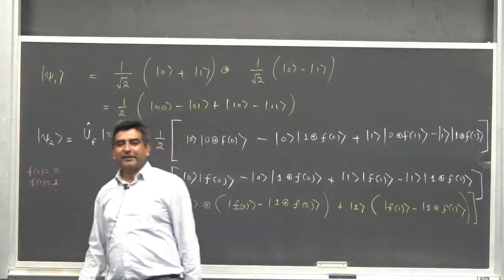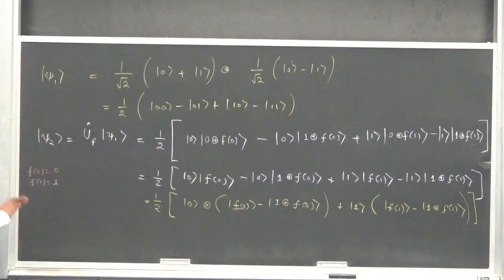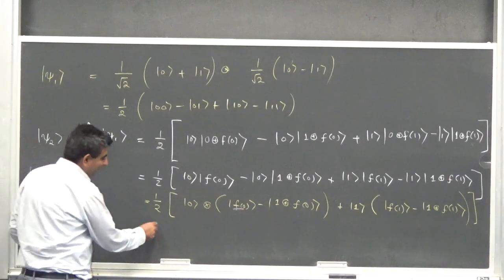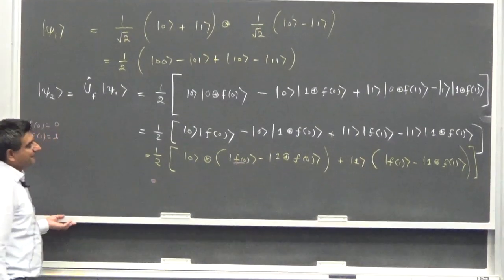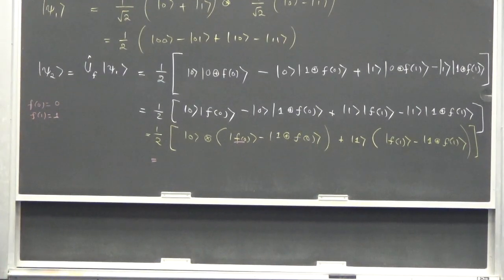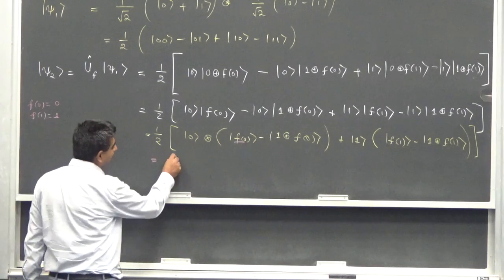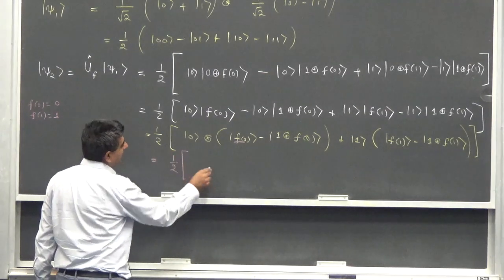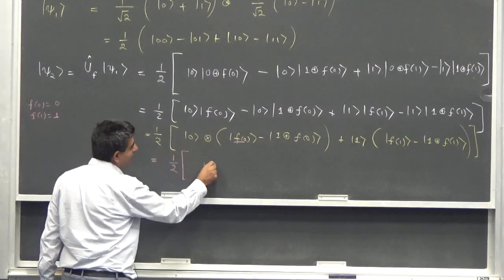Right, so can you determine a form which is consistent with determining whether the function is balanced or biased? So if I put 1/2 here, this is get 0.